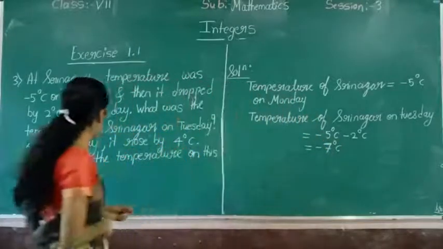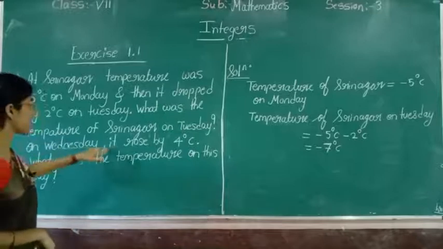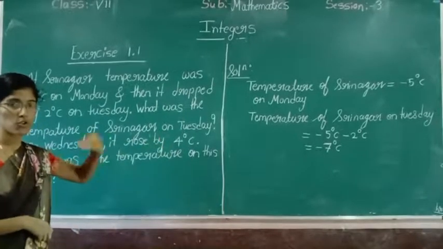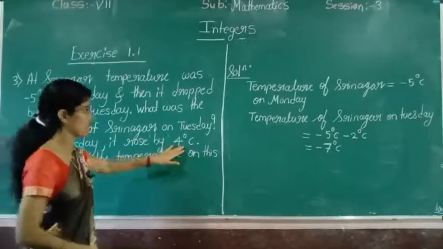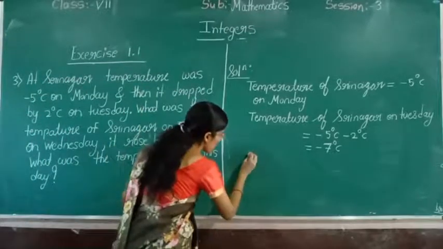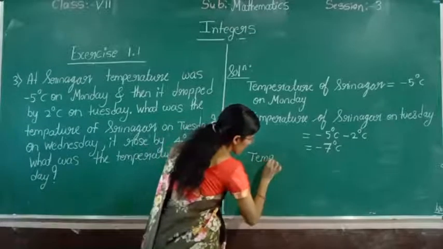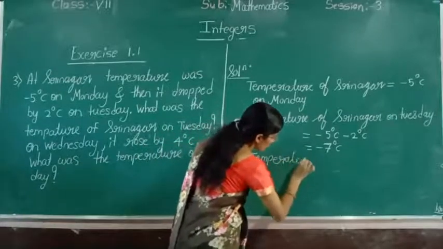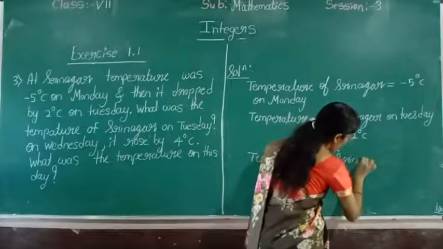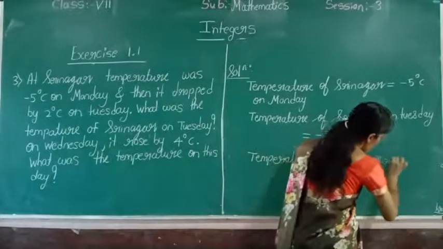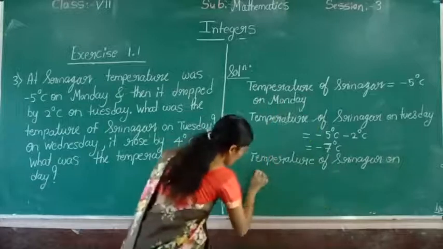Now again they ask, on Wednesday it rose by 4 degrees Celsius. Rose means it has been increased by 4 degrees Celsius. Means temperature of Srinagar on Wednesday.